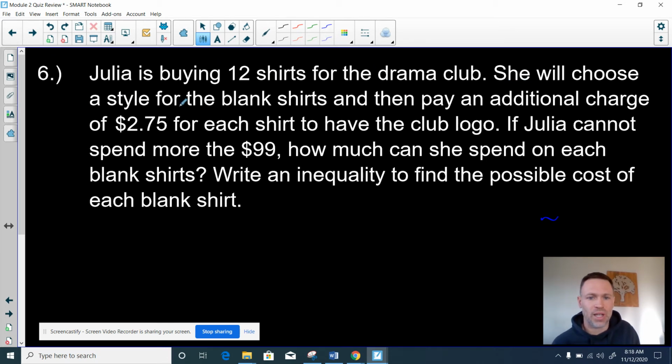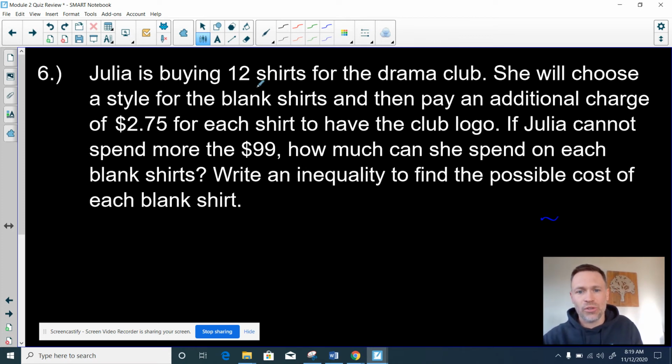She will choose a style for the blank shirts and then pay an additional charge of $2.75 for each shirt to have the club logo put on. If Julie cannot spend more than $99, how much can she spend on each of the blank shirts? It says write an inequality to find the possible cost of each blank shirt. So this is a little bit tricky to figure out, how Julie is spending this money here.